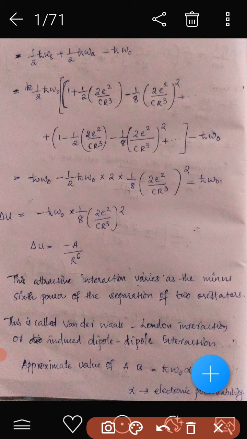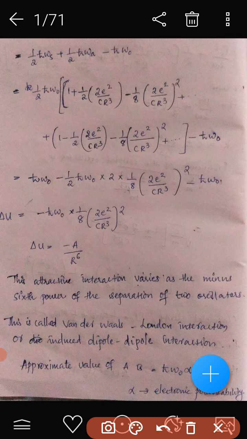Then these two terms cancel, here minus, here plus. Then 2 into minus 1 by 8, so 2 into 1 by 8 into (2 e square by c r cube) to the power square, minus h cross omega 0.